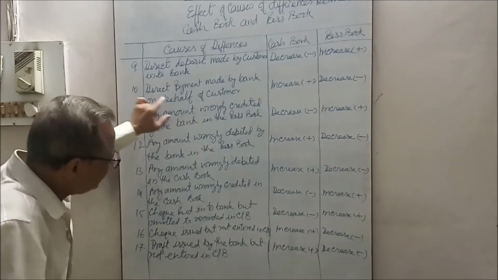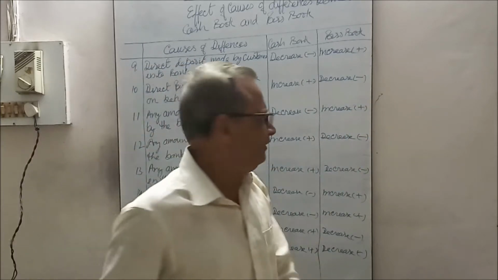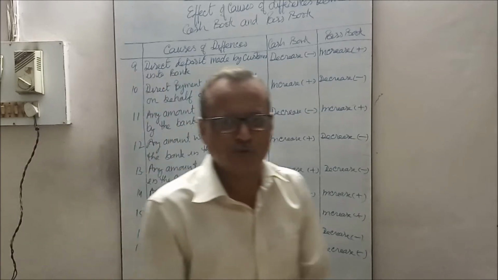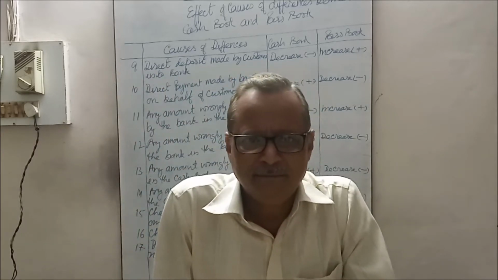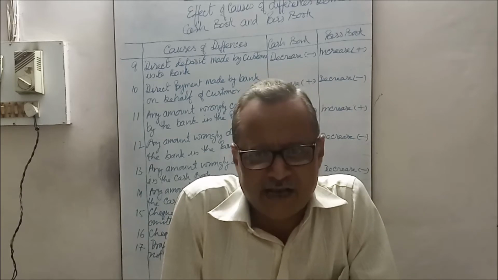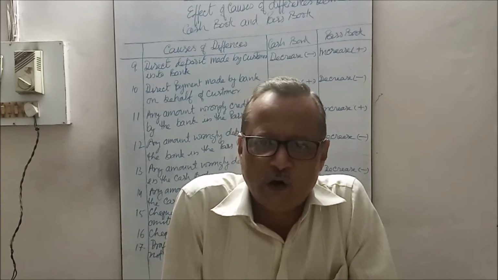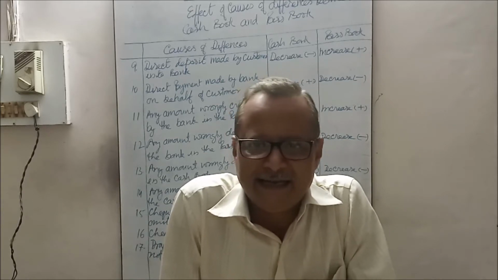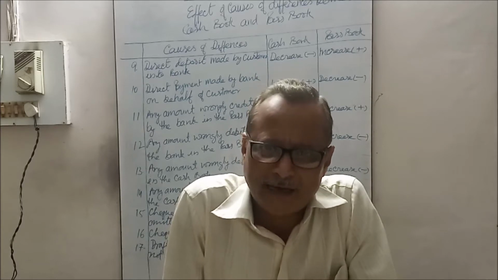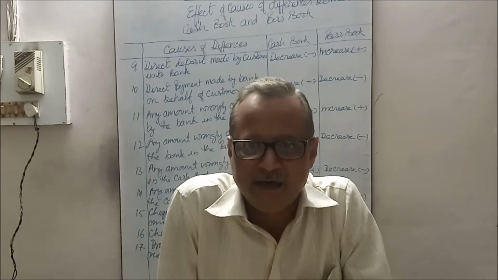Likewise, any amount wrongly credited by the bank in the passbook. Sometimes bankers make mistakes while recording, and it is wrongly credited in the passbook or bank account of the business. That is a wrong entry being made.